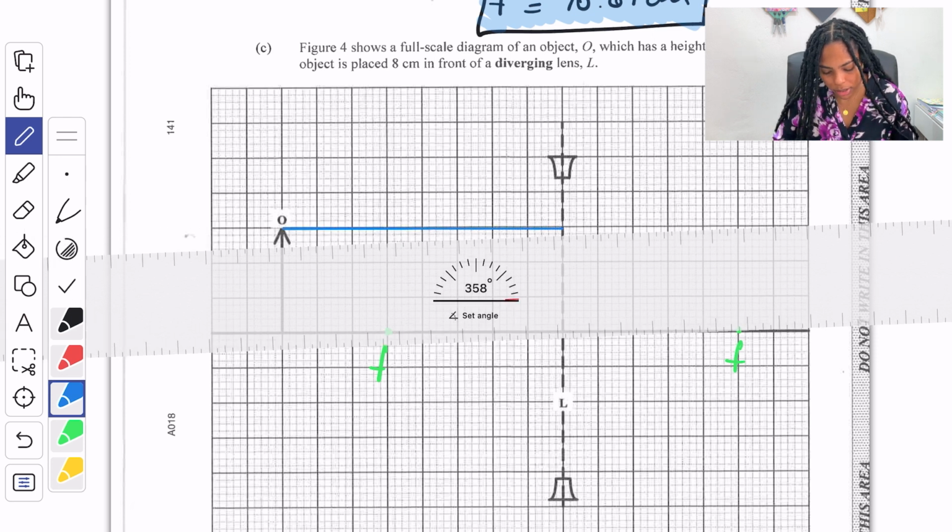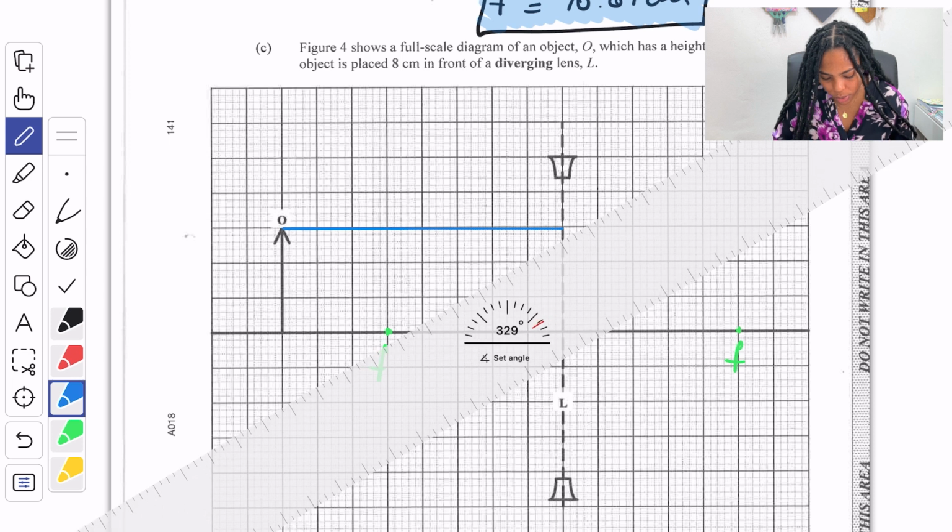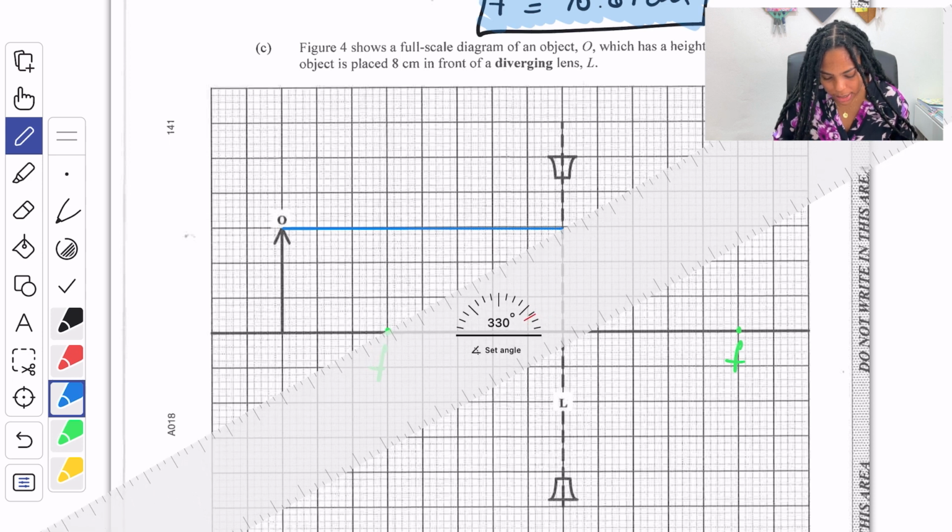Now with a diverging lens, we know the focal point is the point through which the ray appears to diverge from. So I'm doing my ray diverging, but I know it has to appear to diverge from this point, so I'll do a dotted line back here.